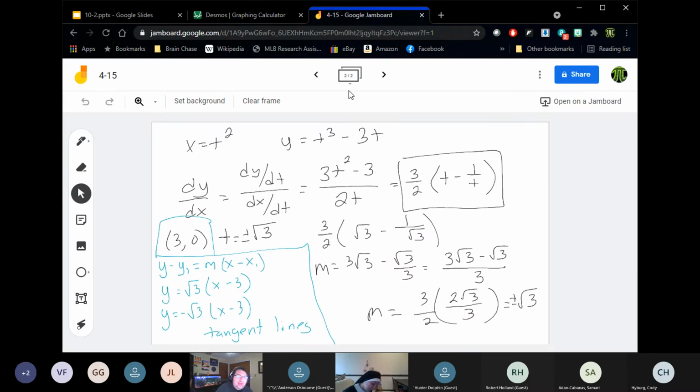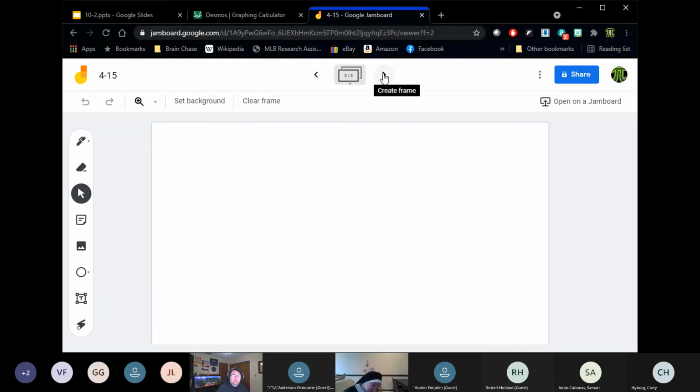So how would I figure out a horizontal tangent? You could do like y equals 2 or -2, right?